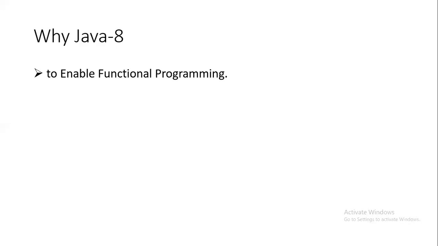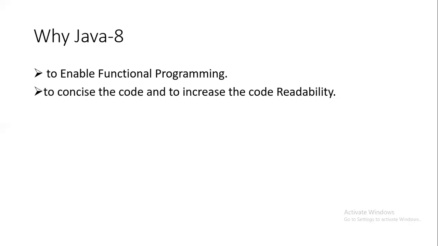By using functional programming, we can write fewer lines of code, make the code concise, and increase code readability. Concise code means fewer lines of code. By writing fewer lines of code, readability will be increased, right?